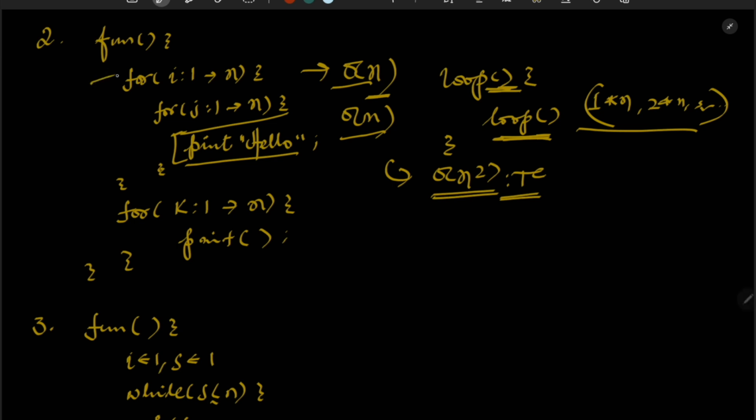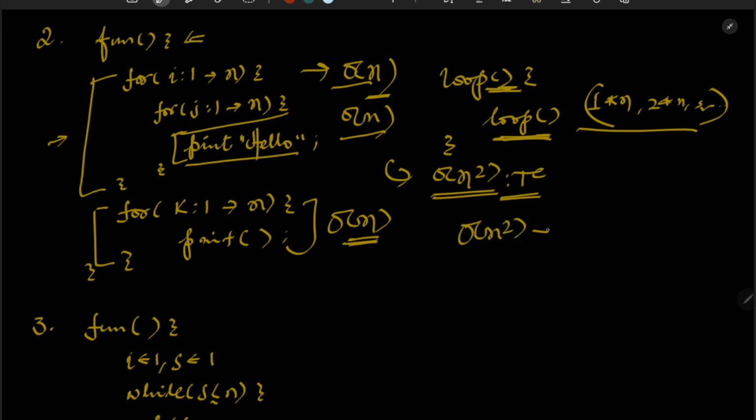So think for a second. For sure this part we have already discussed, that it's big O of n square, and since this loop is not dependent on either of these loops, and in fact it's pretty much outside the outer for loop scope, this will be executed separately and it will lead to a time complexity of big O of n. So speaking of the entire time complexity of this method, what we have is big O of n square plus big O of n.